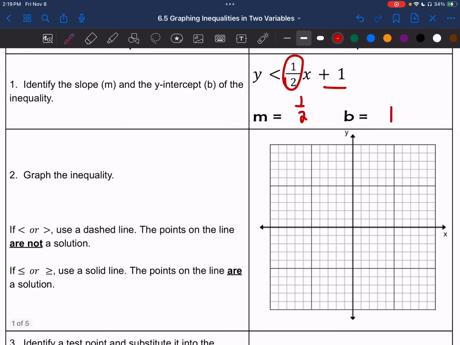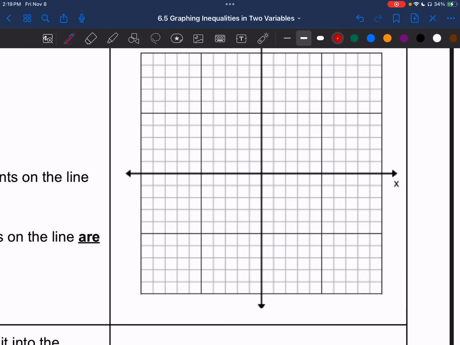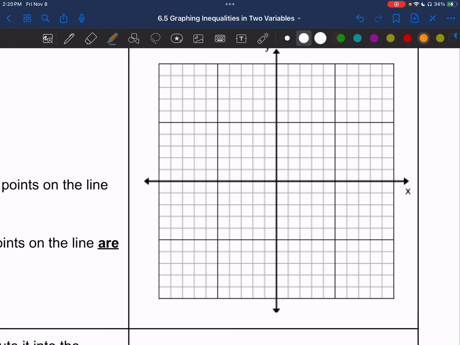So we start with our y-intercept, which is at +1. Our slope is 1/2, so we're going up 1 and to the right 2 every single step.